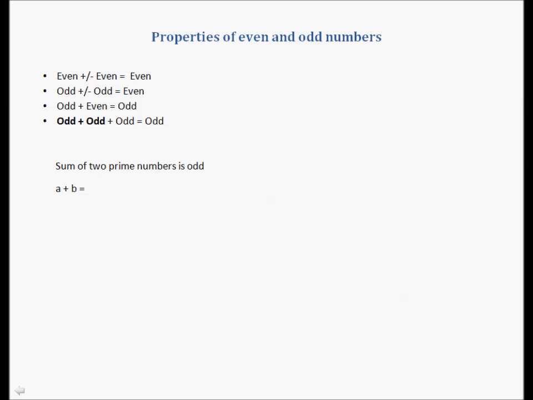And the sum is odd, right? A can be either odd or even, B can be either odd or even, right? Out of these three cases of addition of two numbers, odd happens when we add an even number and an odd number. So one of them has to be even and one of them has to be odd.